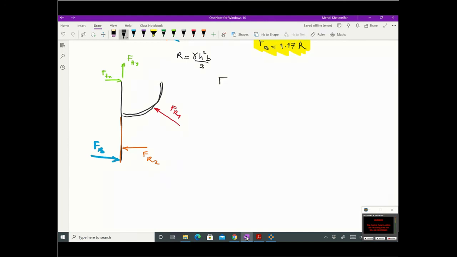FR2 is going to be gamma HC area. Gamma HC is 3 divided by 4 H times area H divided by 2. Be careful about this. Now I separated, that is why the area is just the lower area.